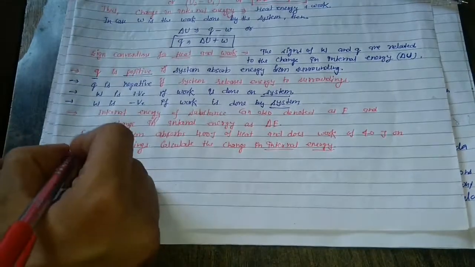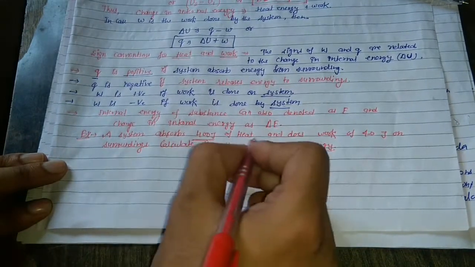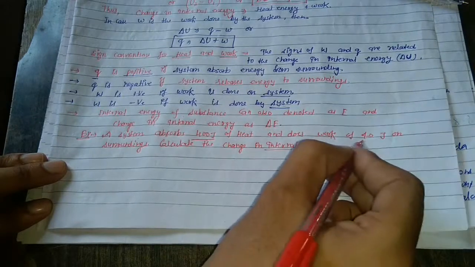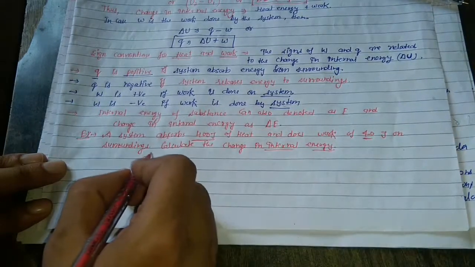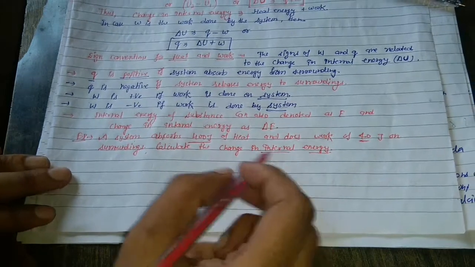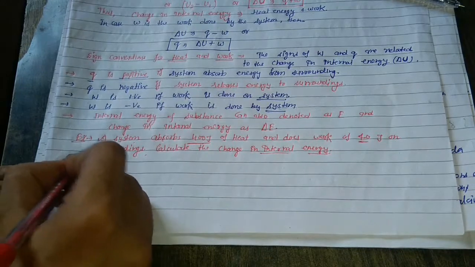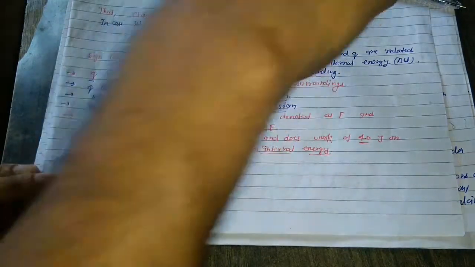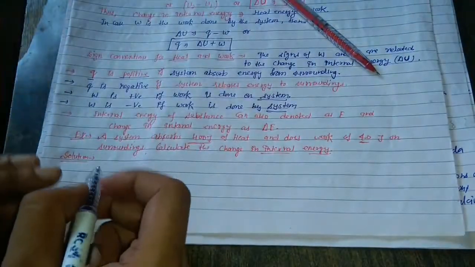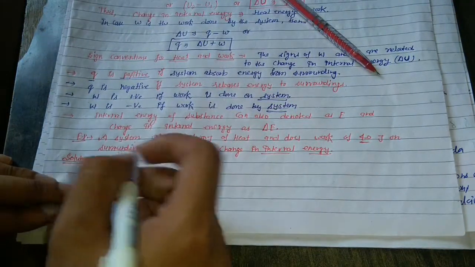So this is the question. System absorbs 400 joule of heat and does work of 40 joule on surroundings. So calculate the change in internal energy. So how can we solve this problem? Firstly we need the heat absorbed by the system.